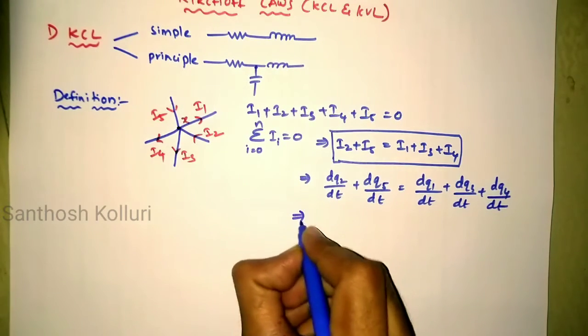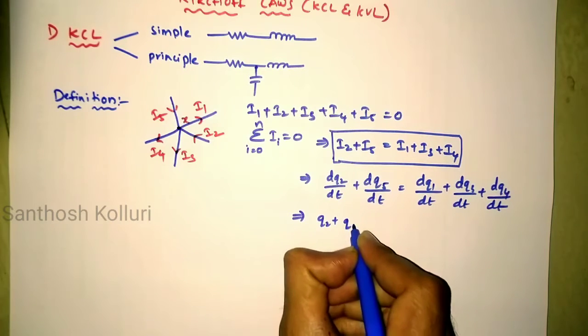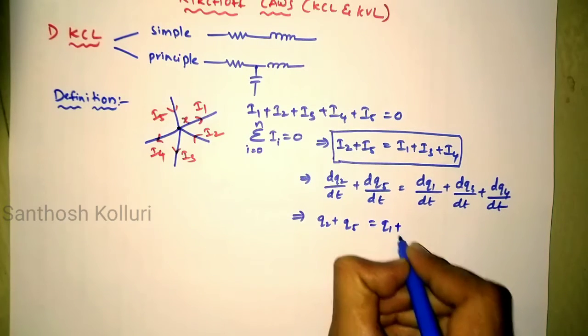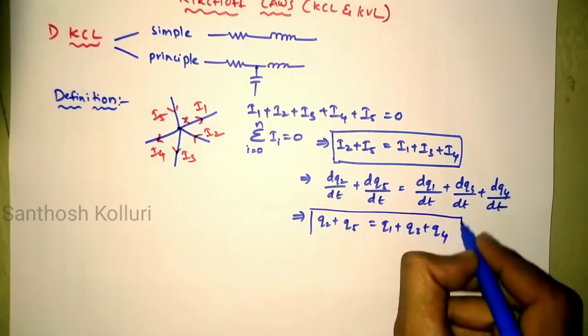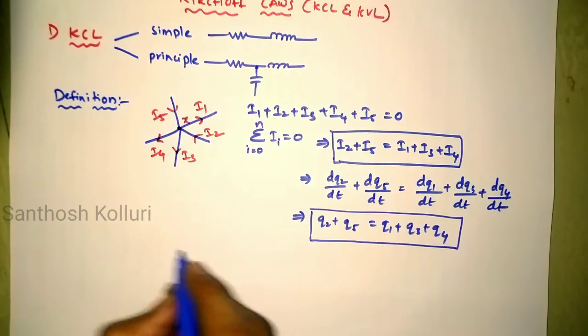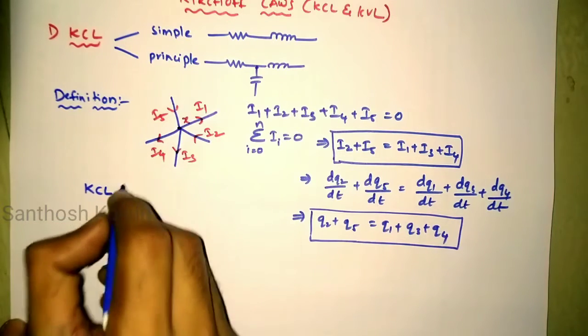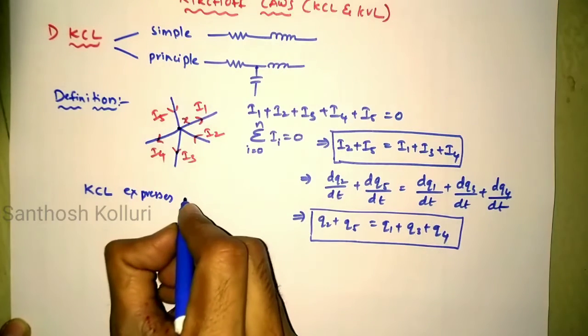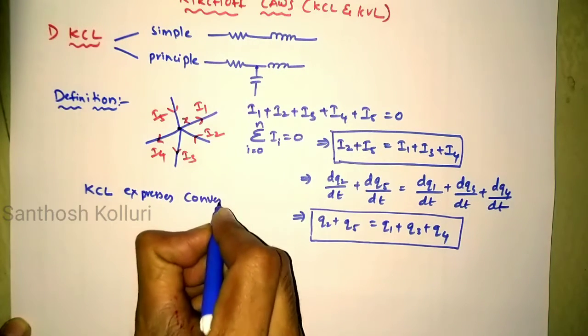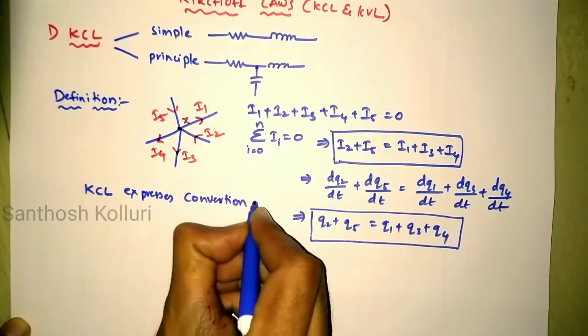In other words, q2 plus q5 is equal to q1 plus q3 plus q4. This is nothing but KCL expressing conservation of charge.